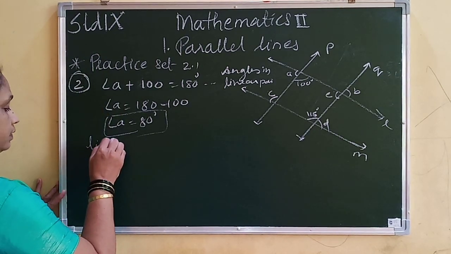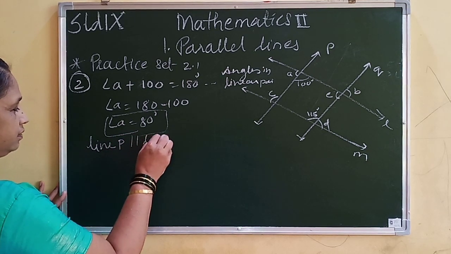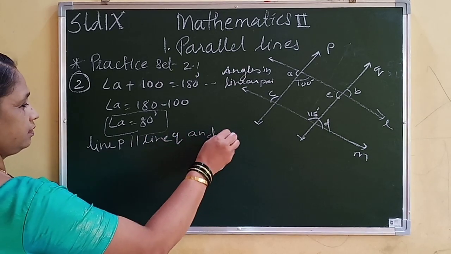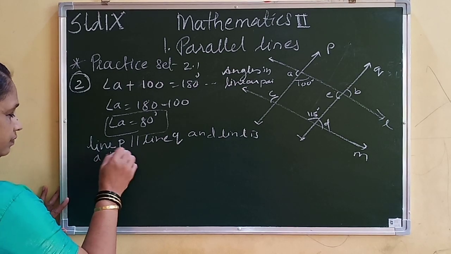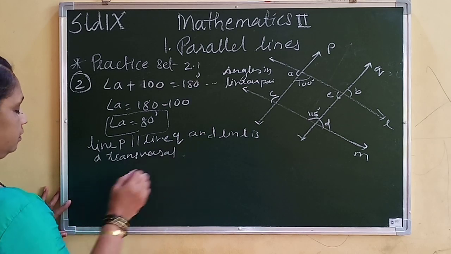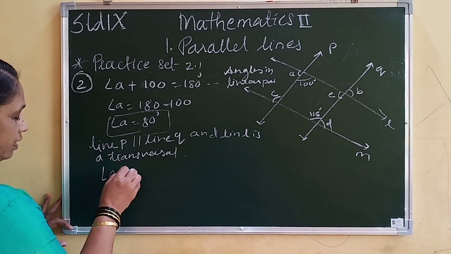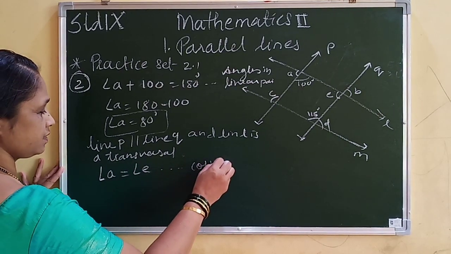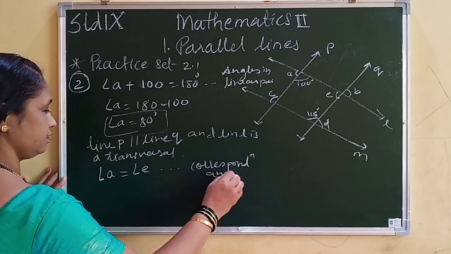Now line P is parallel to line Q and line L is a transversal. Okay, therefore what will we have? Angle A is equal to angle E, corresponding angles.